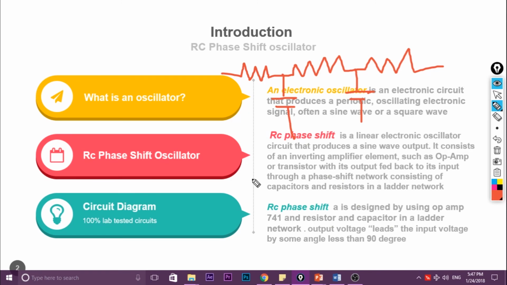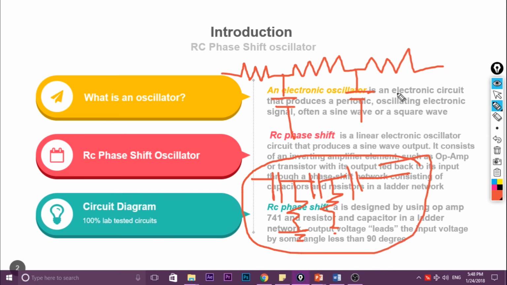In the RC phase shift oscillator, we will use these capacitors like this, and we will use a resistor so that it looks like a ladder. So these will be grounded. This circuit is called a ladder network, and of course this is also called a ladder network. Here we are using R and C, and here also we are using C and R. R and C are the same in both.